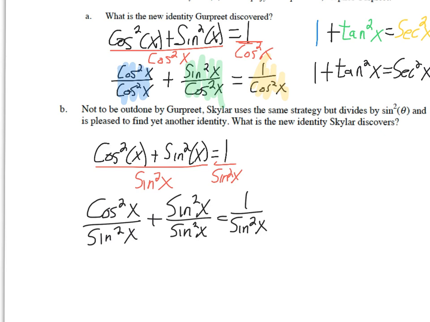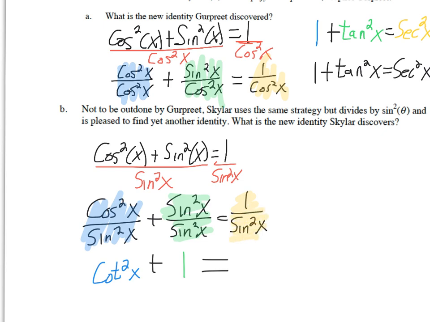In blue here I have cosine squared x over sine squared x. That's the same as cotangent squared x, plus, in green, I have sine squared x over sine squared x. That's the same as 1, equals, and in yellow, 1 over sine squared x.